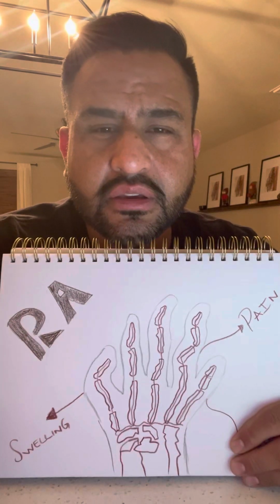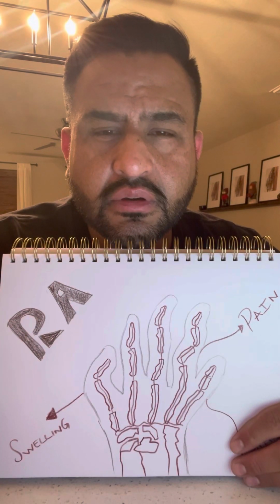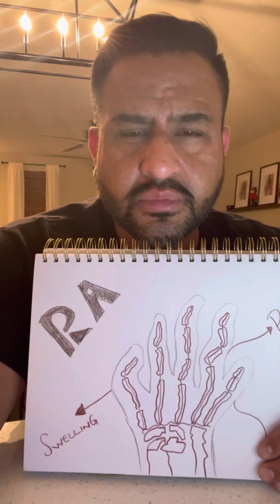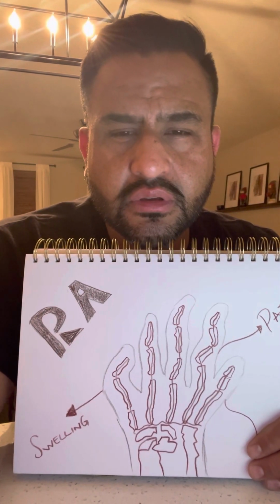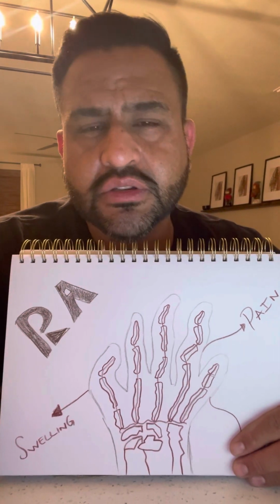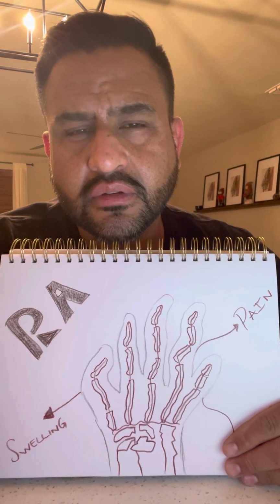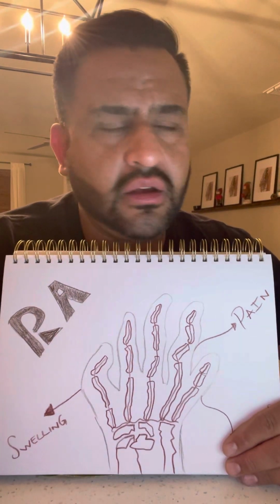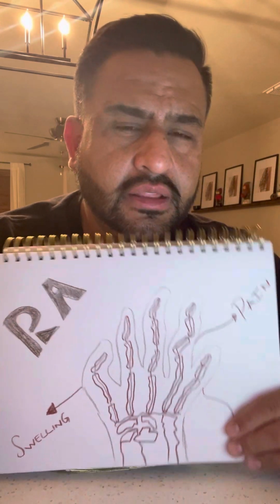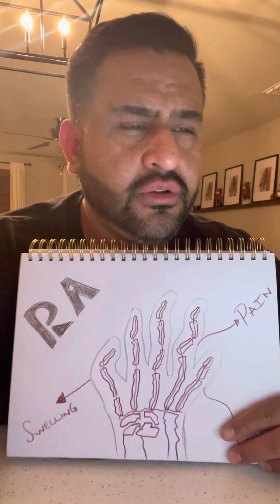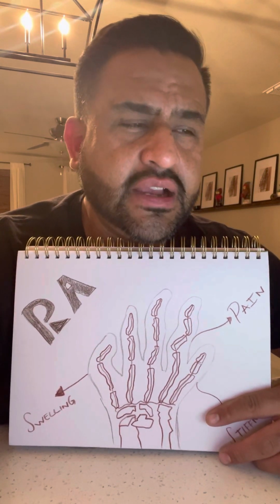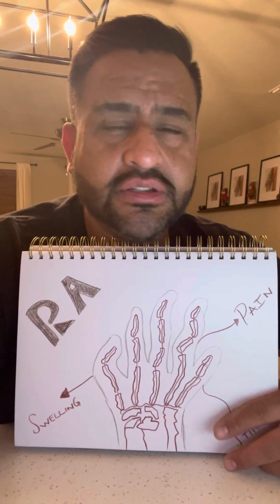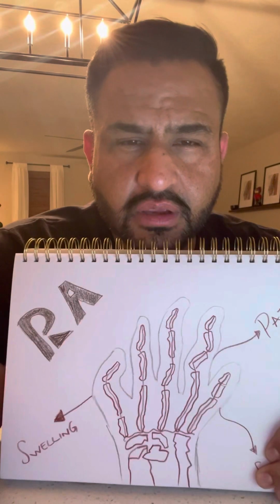And as you can see, the hand is deformed, the bones shift, there's some swelling, and there's pain also. This condition is an autoimmune disease that attacks the tissues. It will also attack the joints, which causes deformities, as we can see right here.